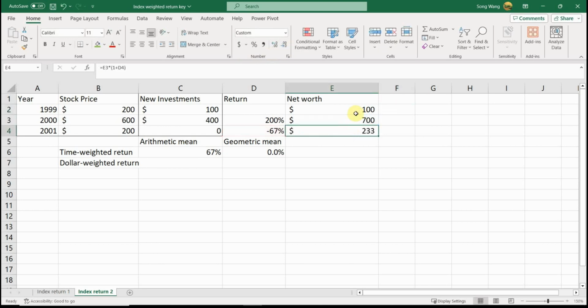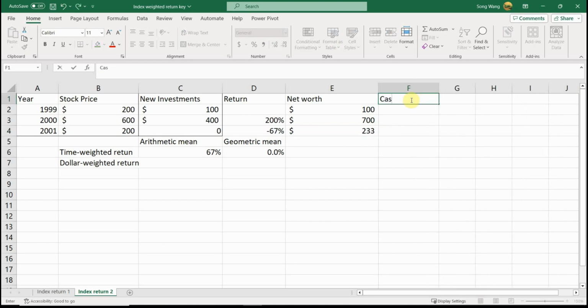So your story is you start with $100, and then your $100 grows to $300. You add another $400. However, after another year, your total $700 is going to shrink to 1/3 of that. And what is your dollar-weighted return? Then you will need to figure out your cash flow.